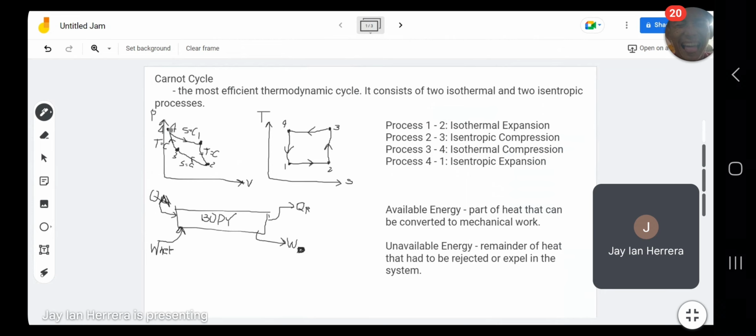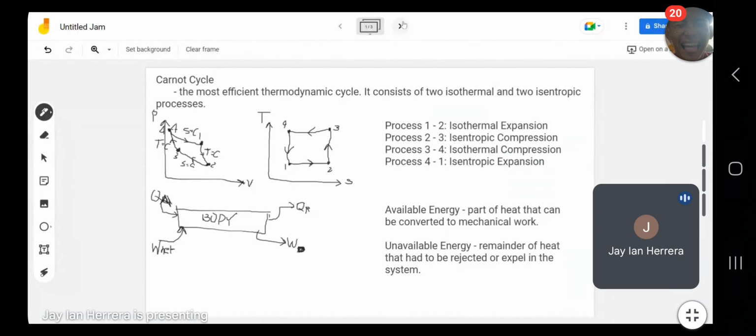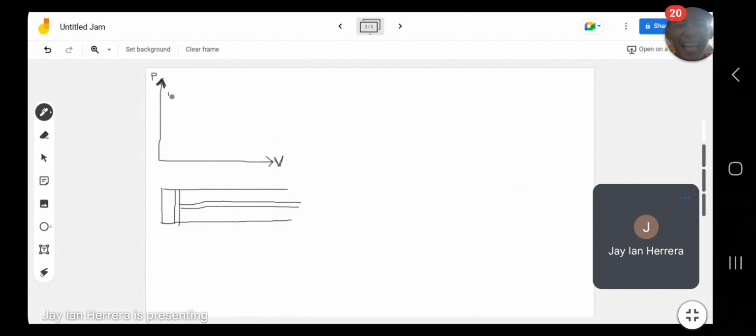Pag 1 to 2, that is isentropic expansion. Lalaki yung volume natin, parang papakawalan natin. Aatras si piston rod natin. Lalaki yung volume dito.